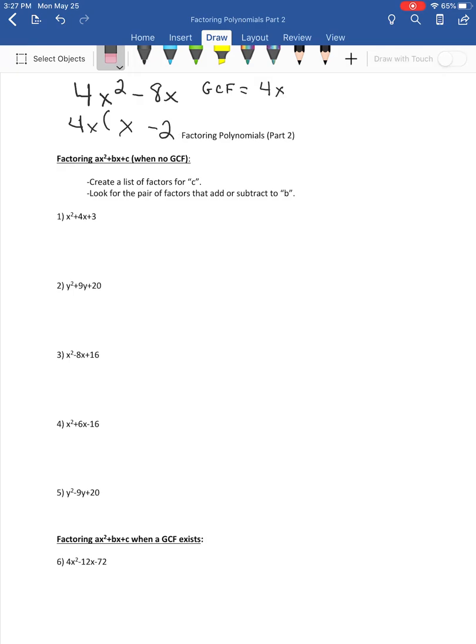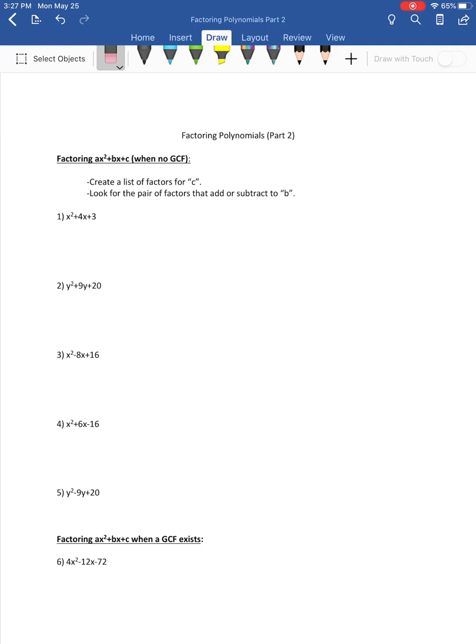Okay, so in the factoring problems that we're going to look at now, we don't have a GCF, okay? And most, if not all of the time when we looked at the first lesson, we were looking at binomials, 2 terms.